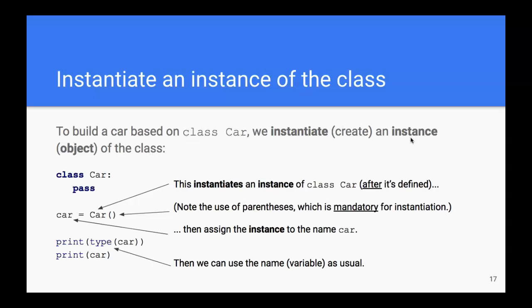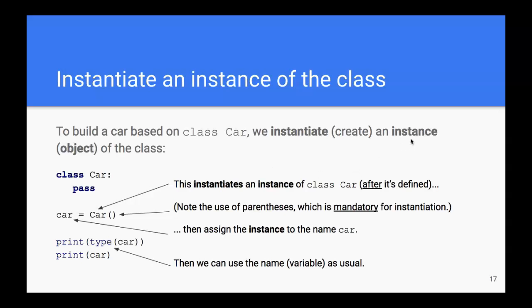Now, I also like to use the word instance instead of object, because object is too generic for me. But it's okay. They are an instance of a class or an object of a class. They mean the same thing. I will more often than not use instance instead of object, but I will use object when it sounds more correct.